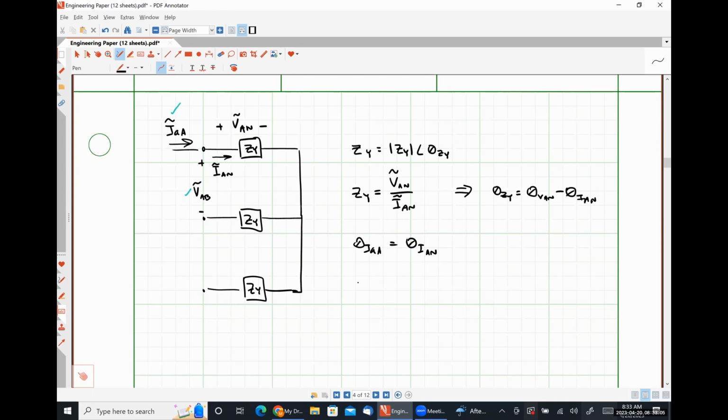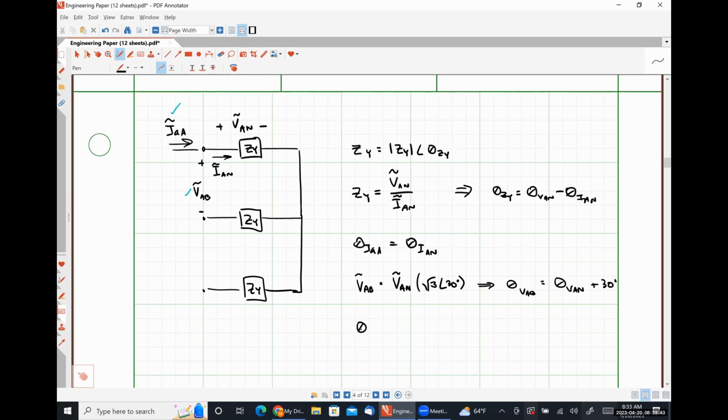So we know that VAB is equal to VAN times √3 angle 30 degrees, which means the angle of VAB is equal to the angle of VAN plus 30 degrees, right?